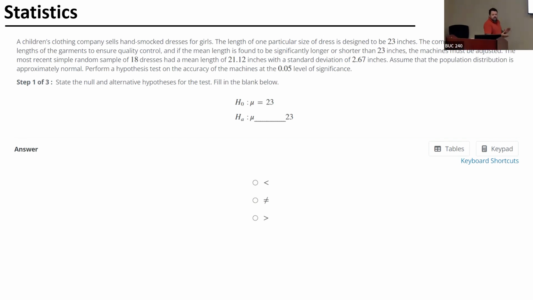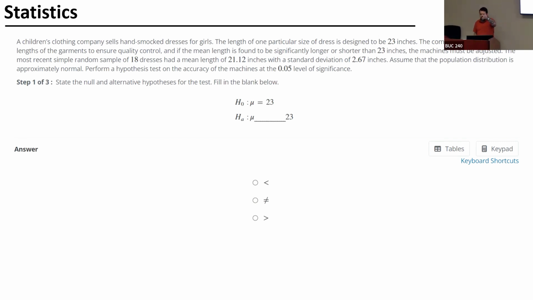So a children's clothing company sells hand smocked dresses for girls. The length of one particular size of dress is designed to be 23 inches. The company regularly tests lengths of garments to ensure quality control, and if the mean length is found to be significantly, here are the words, longer or shorter. Okay, so they're not specifically saying one or the other there.